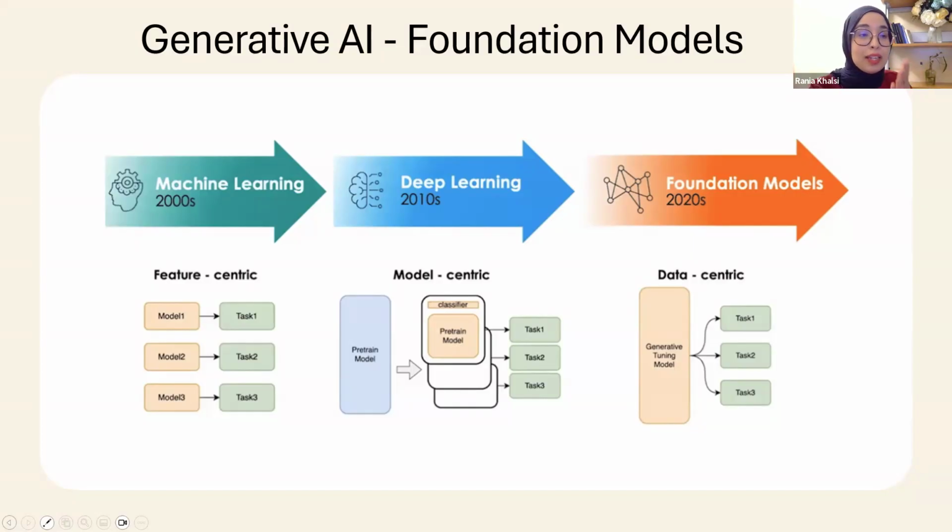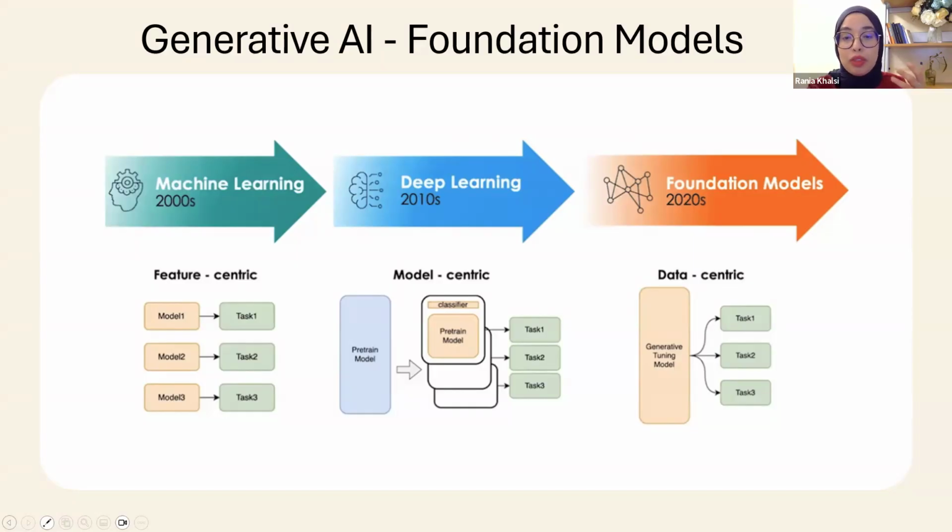Next, with deep learning, this changed. We moved from a feature-centric approach to a model-centric approach. Here, feature extraction became part of the model itself.